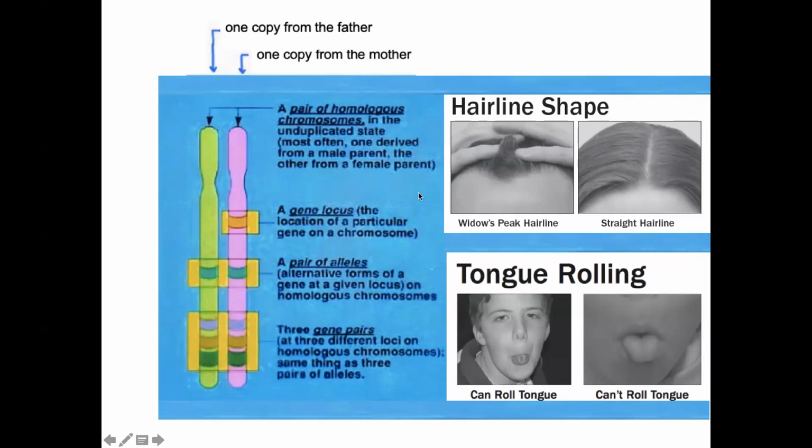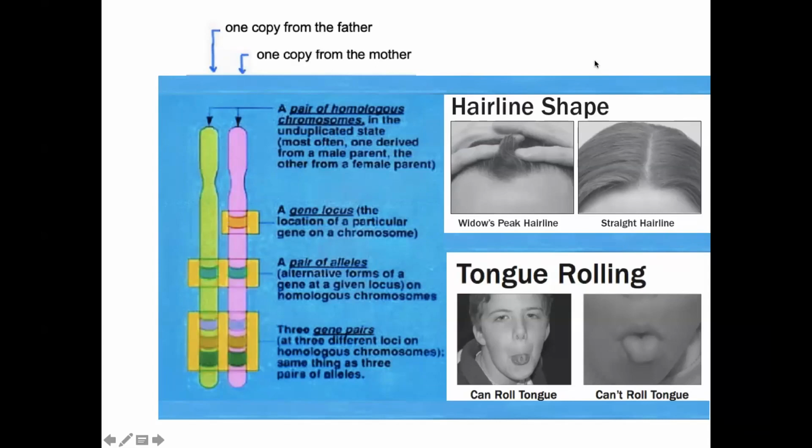So here are two representative examples from the human genome. Somewhere within the human genome, on one of the 23 unique chromosomes, is a hairline shape gene. Everybody carries two copies of the hairline shape gene, but there are different forms of that gene.